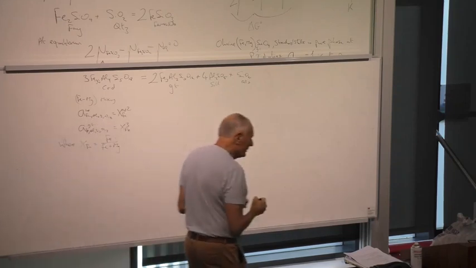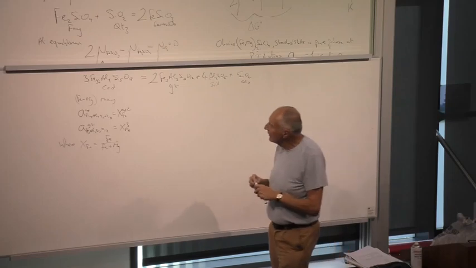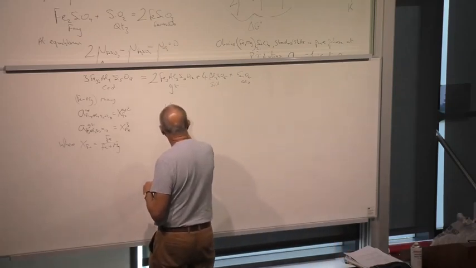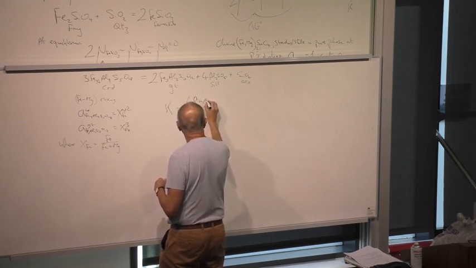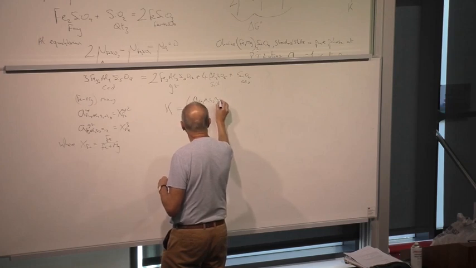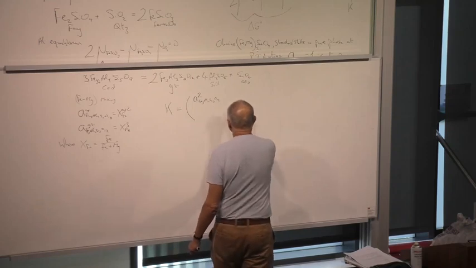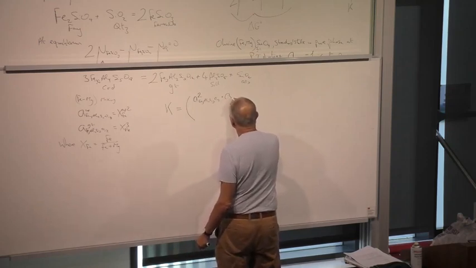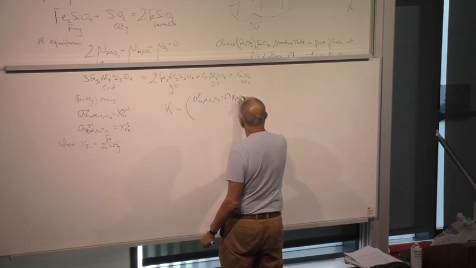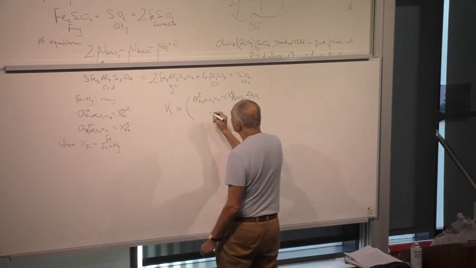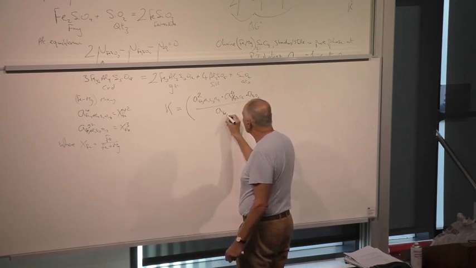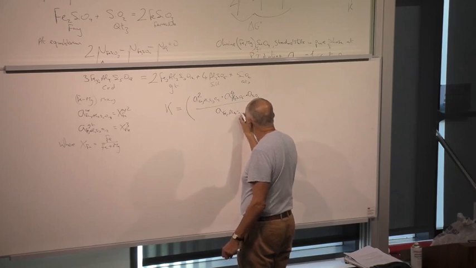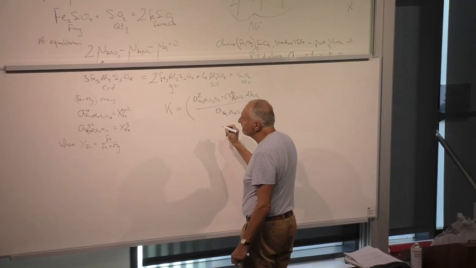Now, when we look at the equilibrium constant for this reaction, K is going to be equal to the activity of Fe3Al2Si3O12 squared, because there are 2 moles, times the activity of Al2SiO5 to the power 4 times the activity of SiO2, all divided by the activity of Fe2Al4Si5O18 squared.